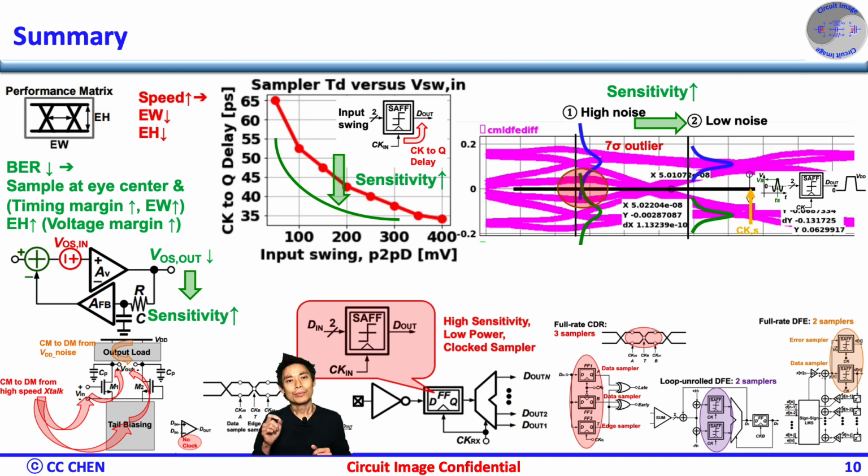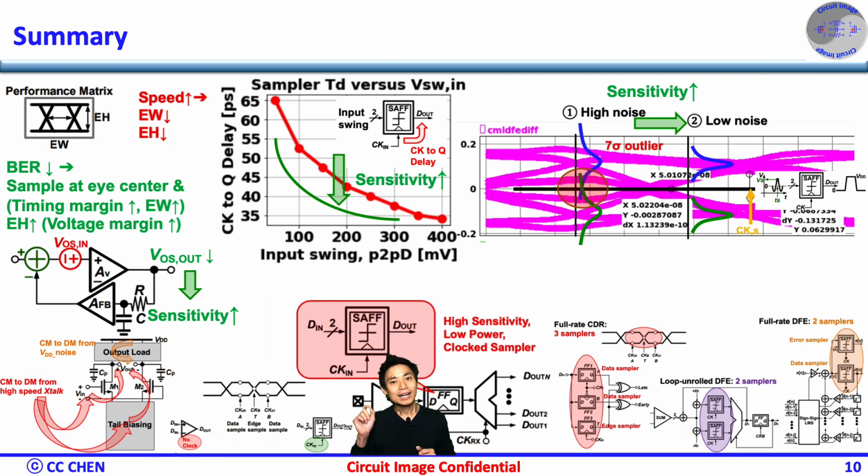Again, both the data and edge samples in a CDR show us that the sample value at the data or transition at a specific timing is a must instead of other timings. Therefore, a clock in a sampler is a must to achieve the sample and hold functionality we need.